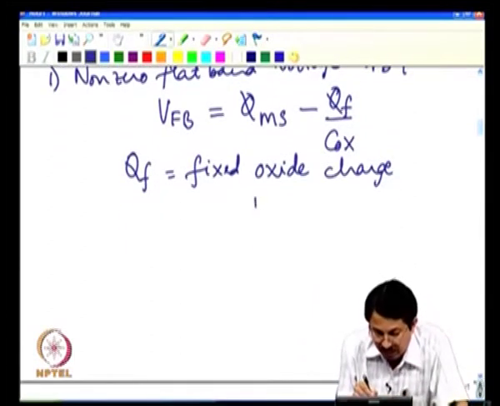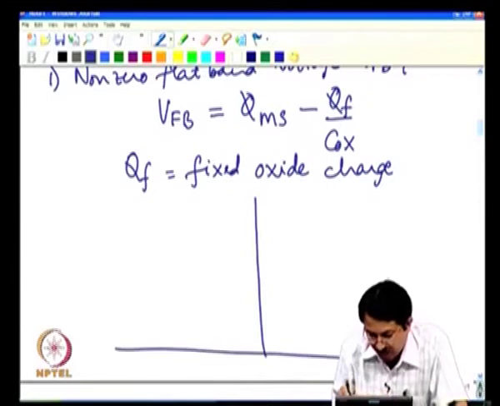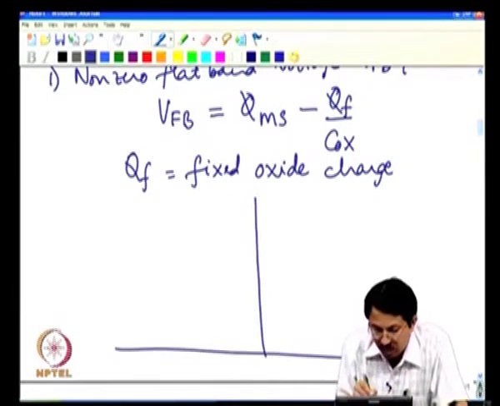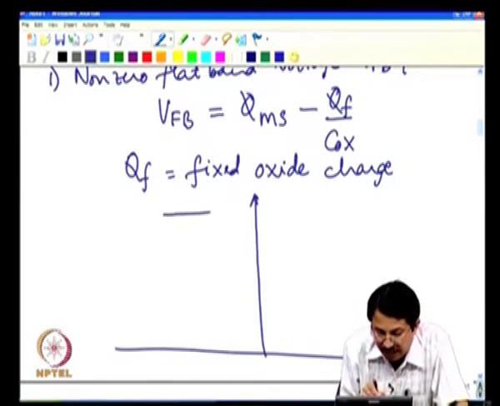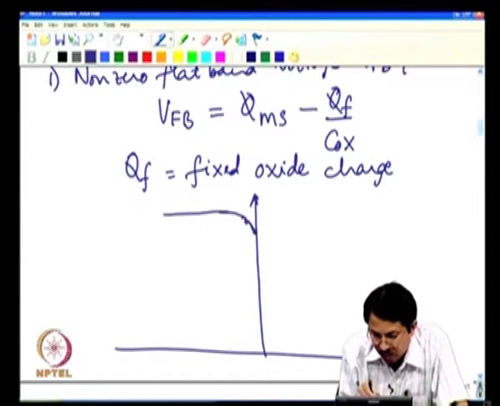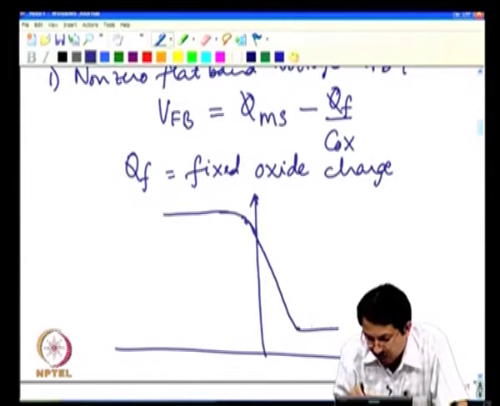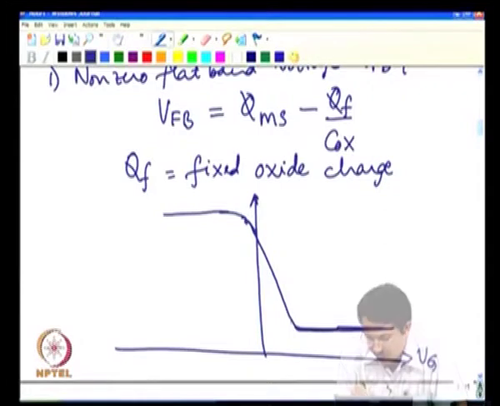So, now let us look at the impact. So, let us say this is my ideal CV curve, which has VFB equal to 0.